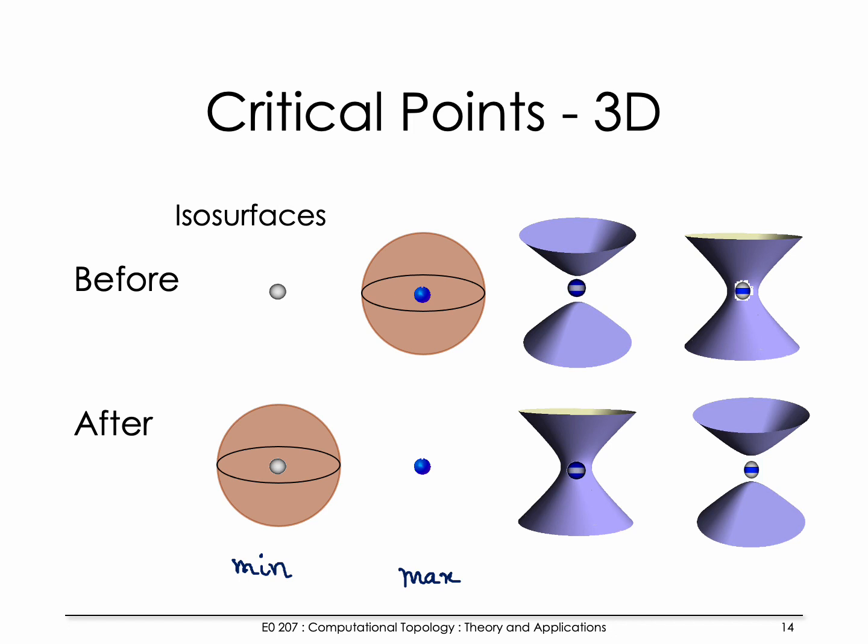Let's look at one saddle. Before you touch the one saddle, the isosurface looks like this, 2 conical caps.